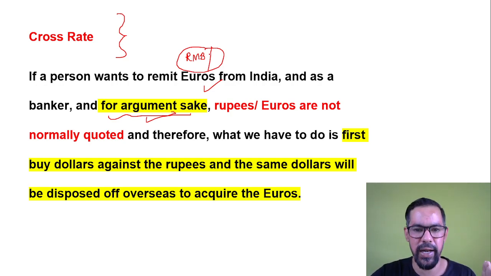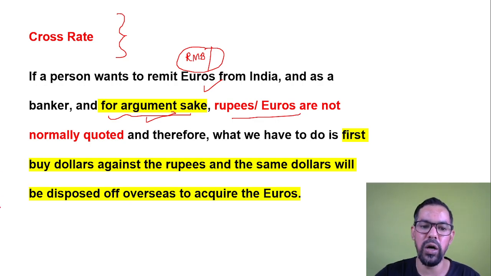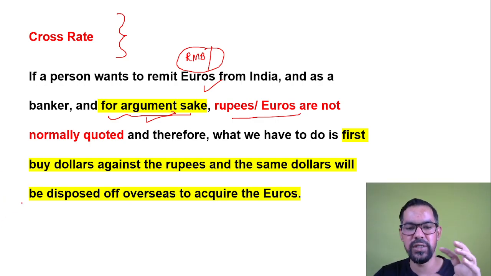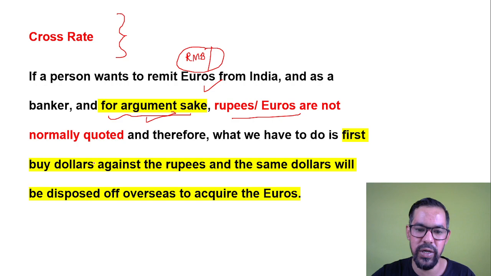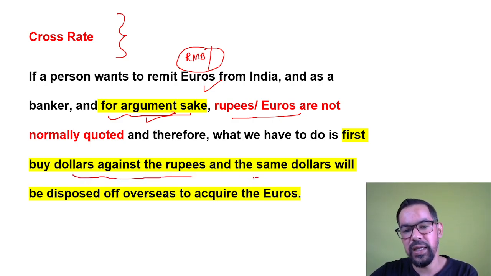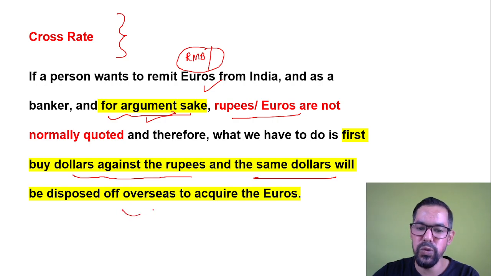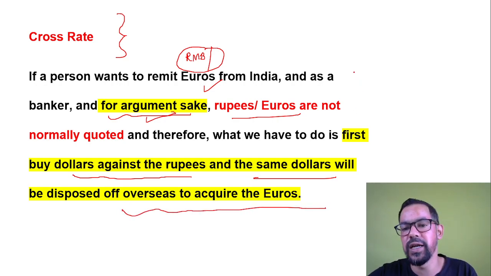We do not have a direct quotation with them. So rupee and euro are not normally quoted. This is for argument's sake, please do consider this. Therefore, what we have to do is first buy dollar against the rupee, and the same dollar will be disposed of for the overseas currency, which is euro.